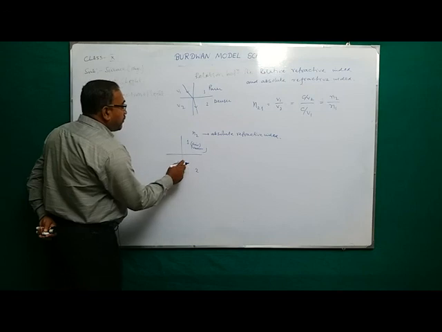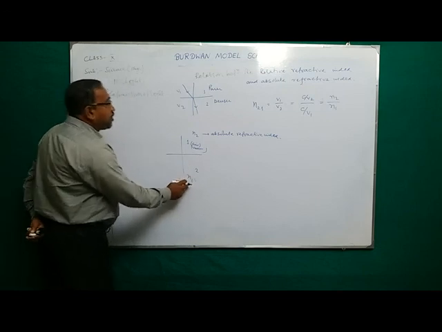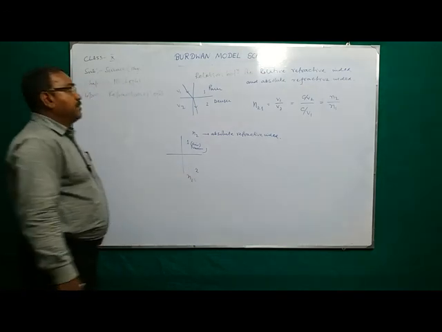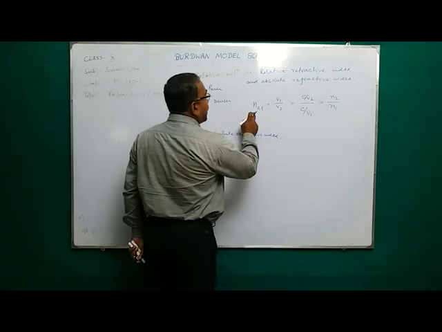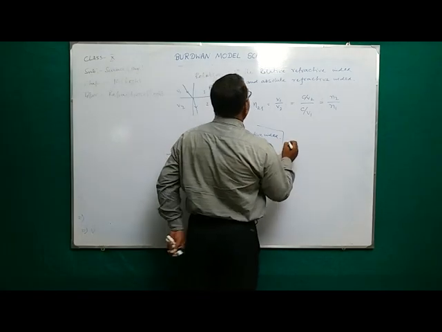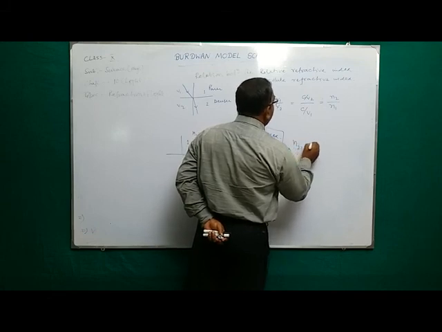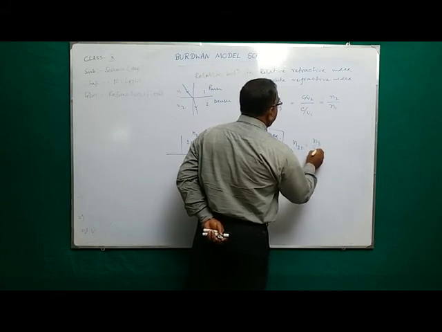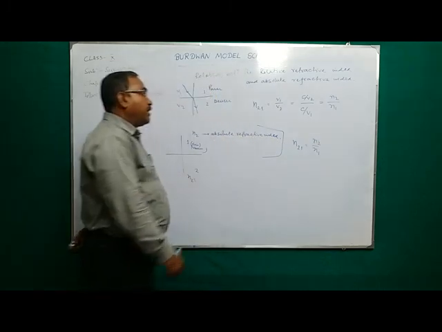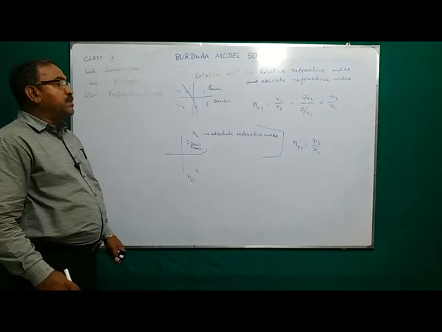So that time, refractive index is the absolute refractive index. So this is the relation between the absolute refractive index and the relative refractive index. n21 equal to n2 by n1. So this is the vital relation.